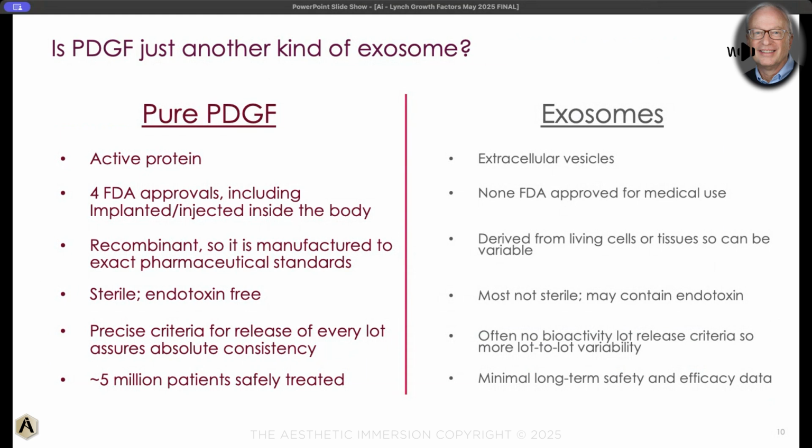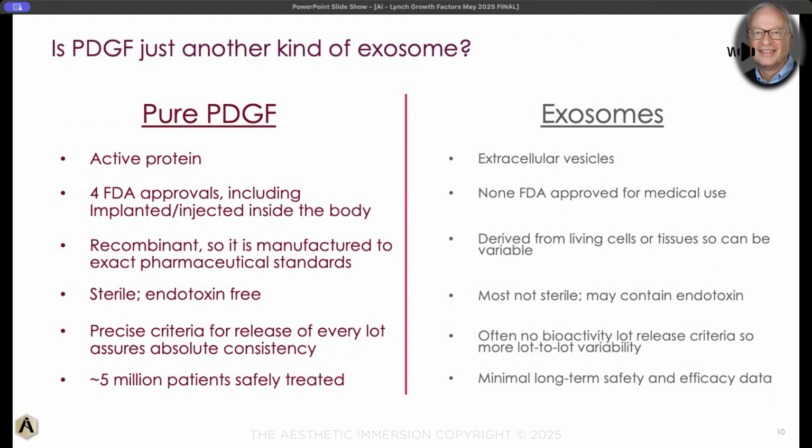They're like a grocery bag, a shopping bag. The extracellular vesicle itself, I hope everybody knows, doesn't do anything other than carry whatever is inside it. What's inside an exosome could be protein, nucleic acids, a lot of things.